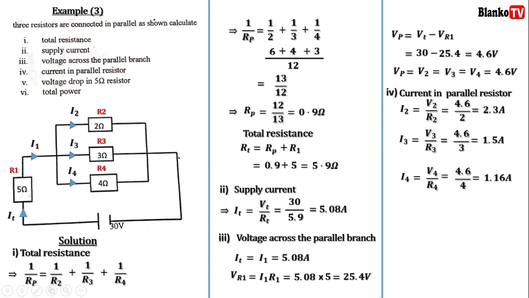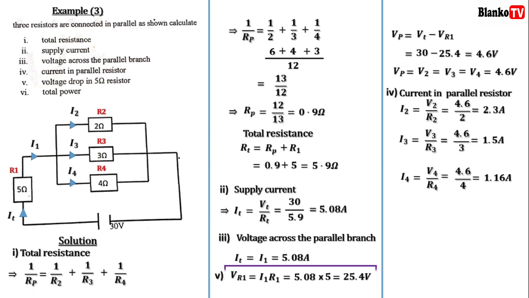So solution V, which we have already calculated, is VR1, the voltage across R1, or the voltage drop in the 5 ohm resistor, which is equal to I1 multiplying R1, which is 5.08 times 5, which gave us 25.4 volts. So the voltage drop in the 5 ohm resistor is 25.4 volts. I hope you're following it.